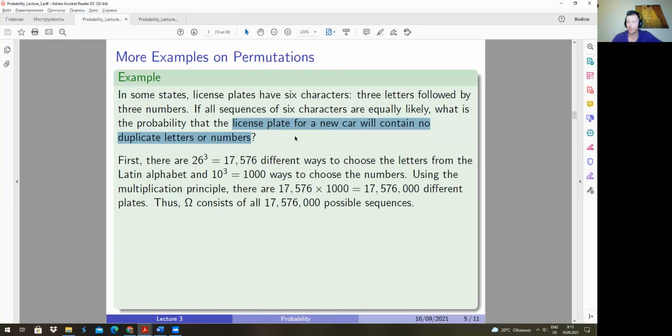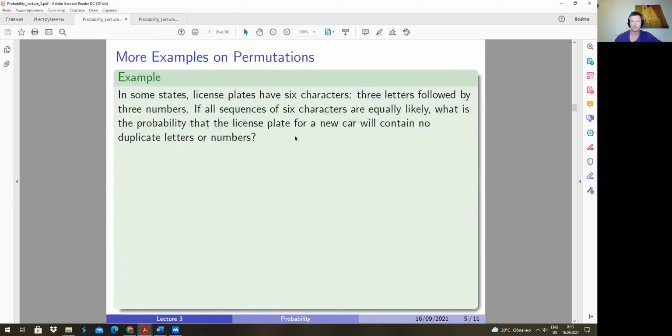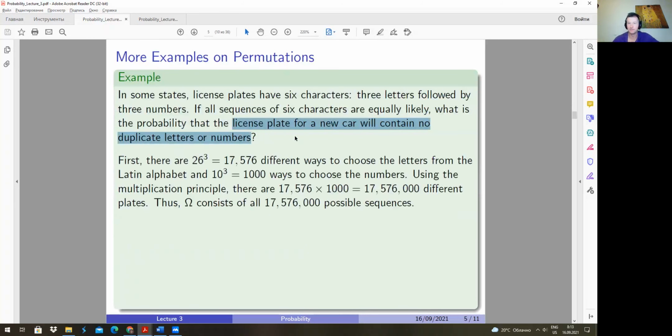So how should I proceed in this second step? Exactly the same way as we did in the previous slide. I need to reduce the number of possible options by 1 on each next step.